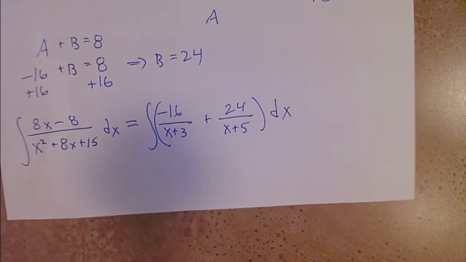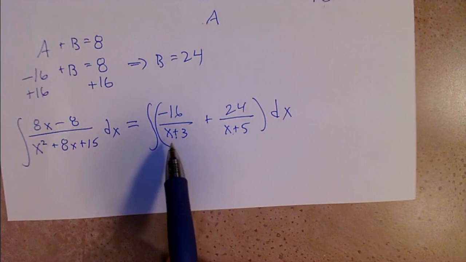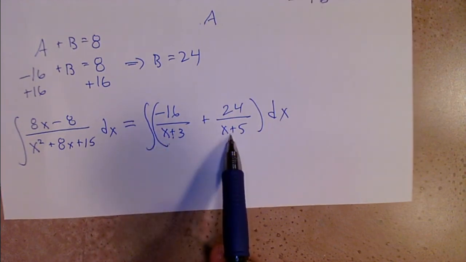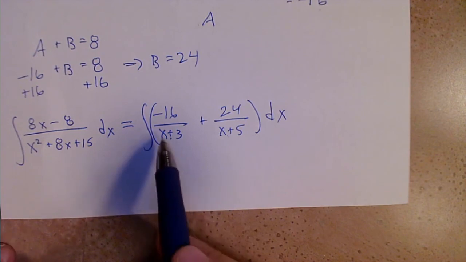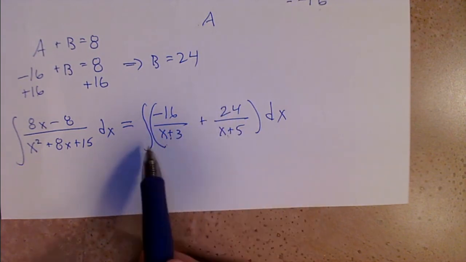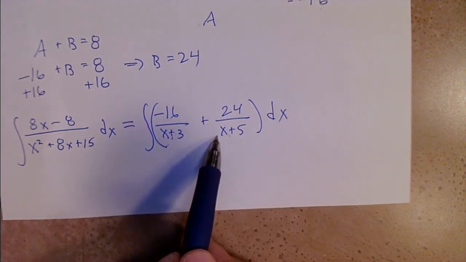And now these 2 things are rather easy to simplify and to integrate, because these are both u subs. Call u x plus 3, call u x plus 5. The derivative of each of those u's would be 1, and so it's a natural log, just a basic u sub. There's not even any coefficients that you have to chase around, because it's a 1x right there and a 1x right there.